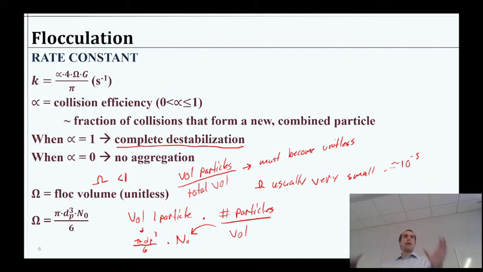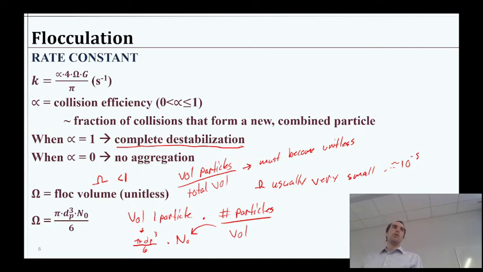So that flocked volume term, we'll see these volumes cancel, right? The volume term on the top will cancel with the volume term on the bottom, and we're left with just some number. And so that fraction is just the fraction that are there, right? So in that manner, we get this to be essentially unitless as a very small fraction. Does that make sense?